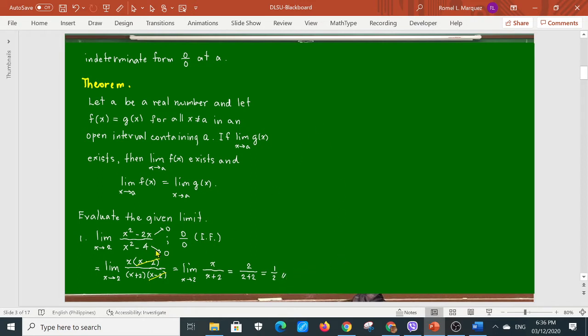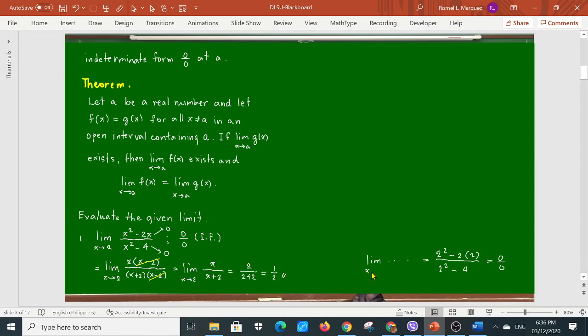And do not do it this way, ha? This is wrong. Limit, then you substitute, say 2 squared minus 2 times 2 all over 2 squared minus 4, and then you get 0 over 0.